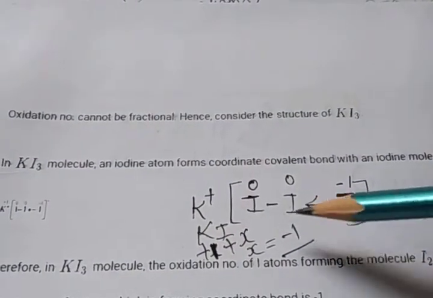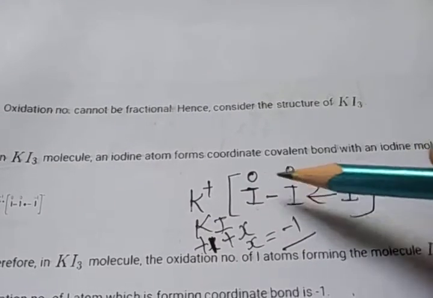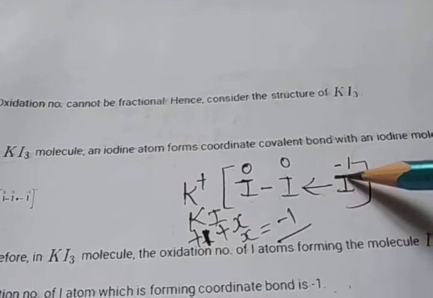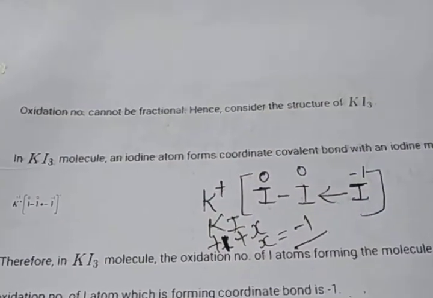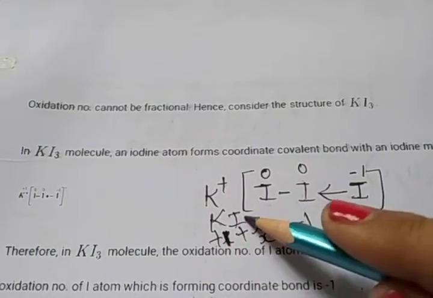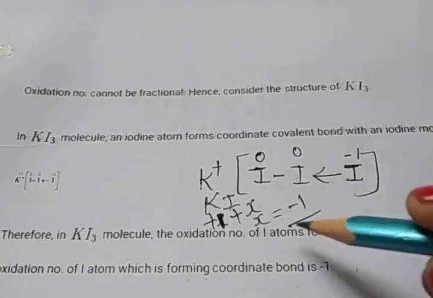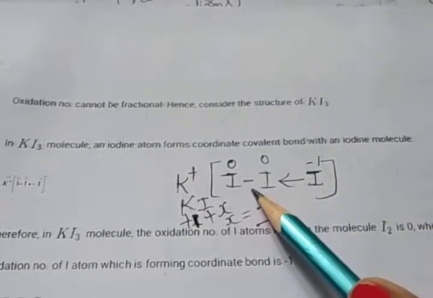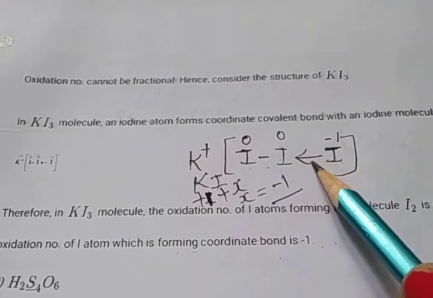Here the individual iodine is 0, the iodine with the lone pair has a minus 1 charge and this one plus 1 charge. So we put the value directly in KI: potassium plus 1 and iodine X, so X is equal to minus 1. The oxidation number of the I atoms forming the molecule I2 is 0, while the oxidation number of the I atom forming the coordinate bond is minus 1.